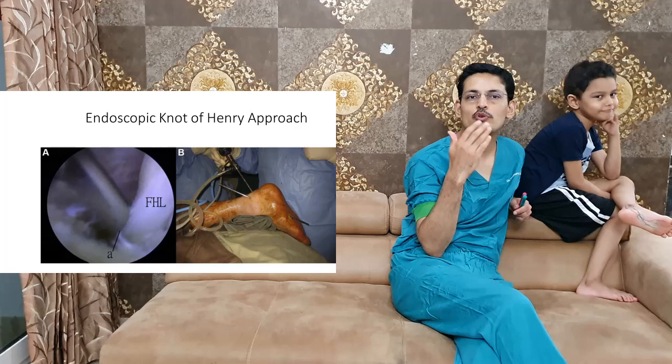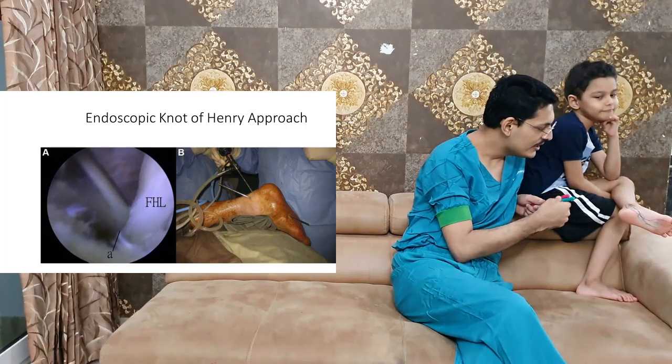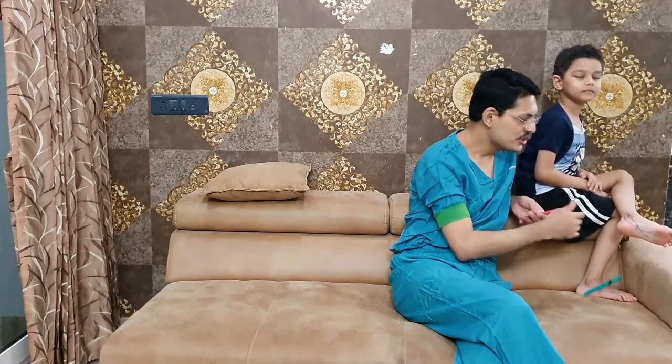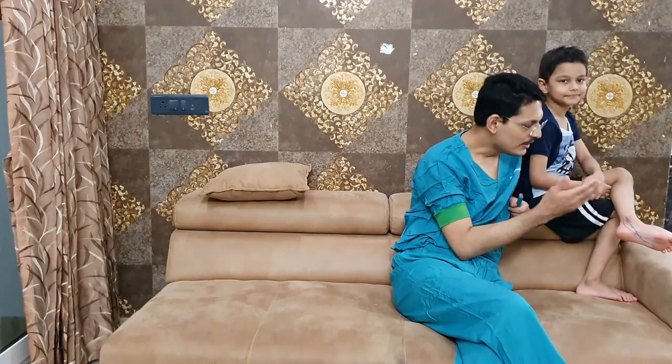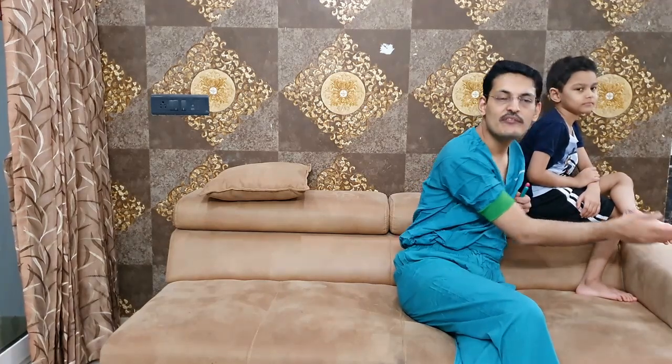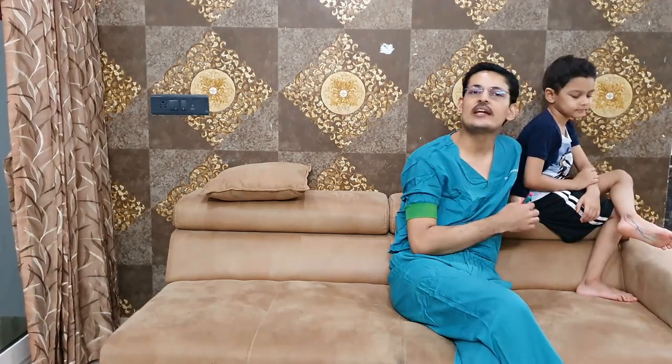Now what is the clinical relevance? Because FHL and FDL have tendinous bands, if you do any kind of tendon transfer, or release FDL in this particular area, like a tenodesis procedure or a tendon transfer procedure for posterior tibial tendon dysfunction in a region which is proximal to the master knot of Henry, if you cut the FDL proximal to the master knot of Henry, you will not get any problems of weakness of the foot because the FHL tendon is intact.